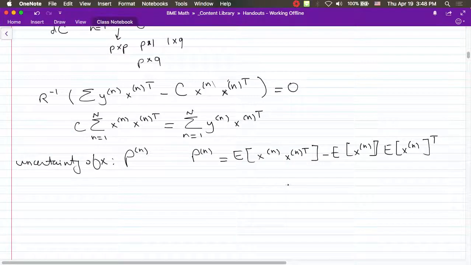So that's the definition of variance. And so this term here, C times the sum, we can replace x of n, the expected value of this term, this expected value is P of n plus this.